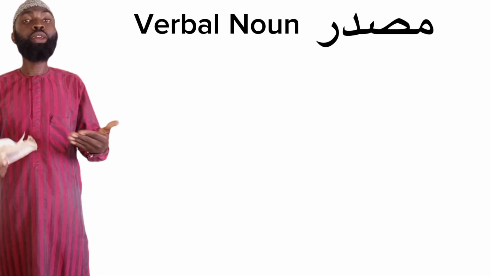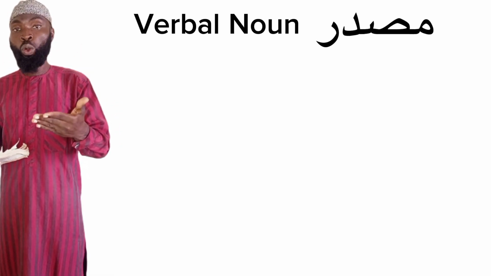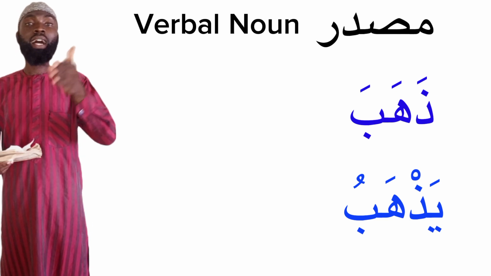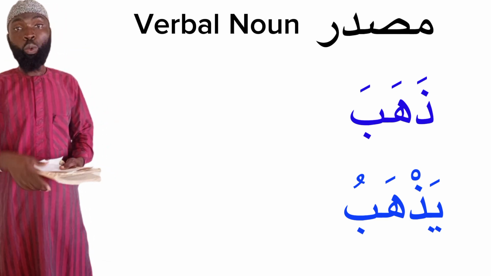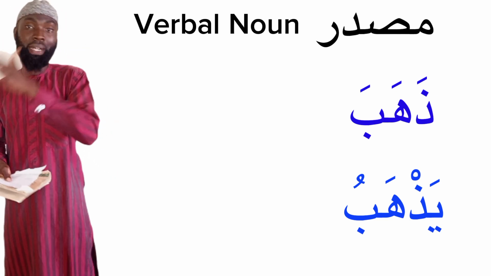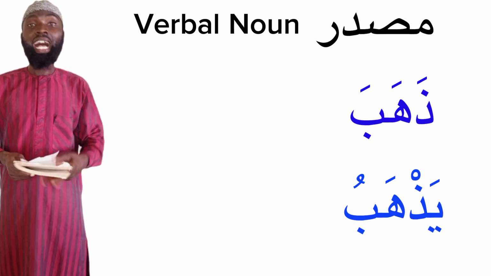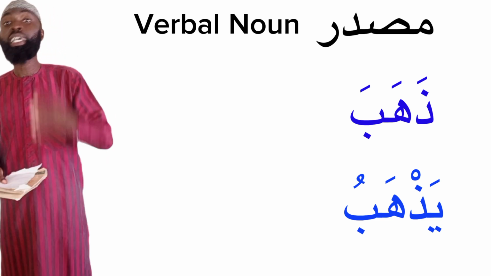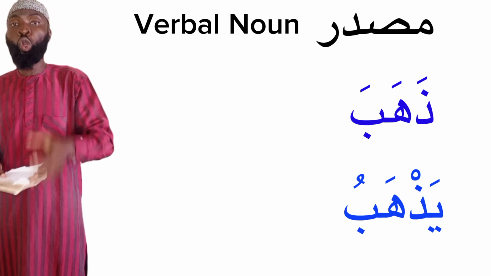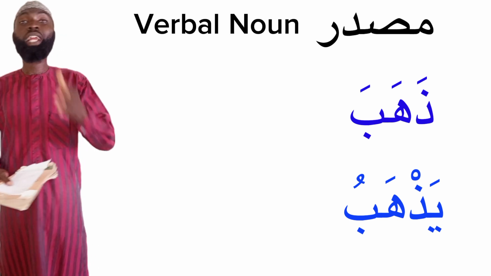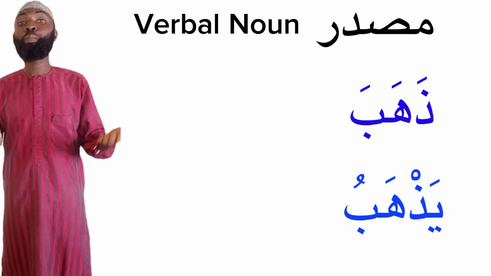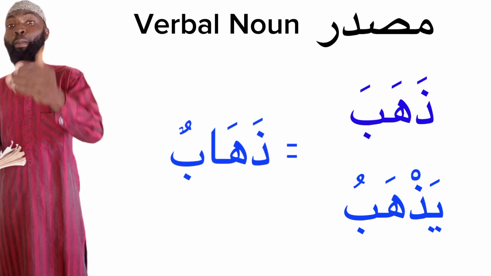You know the verb, like when you have the word yadhhabu or dhahaba, he went. Yadhhabu, he's going. These words contain the tenses, the past tense and the present tense, and they also contain the subject of the sentence, the person who performs the action. When you remove these two from it, you get the masdar, the noun, which could be dhahabun.